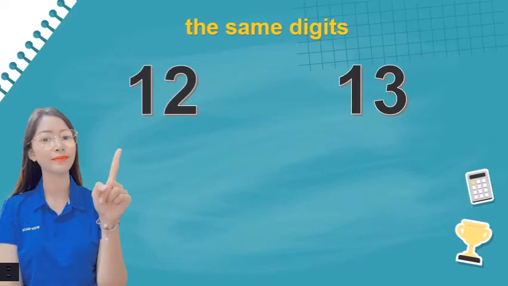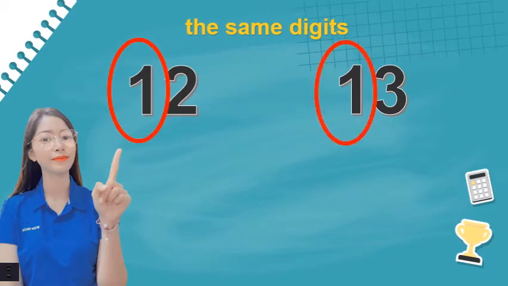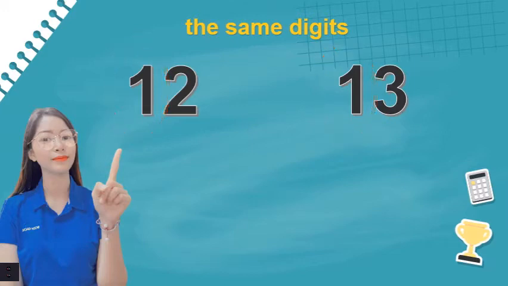Look at the left part of the number. The left part, or the tens place, is 1 for the 12, and 1 as well for the 13, right? So once they are the same, you're going to move on to the next digit, which is the ones place.